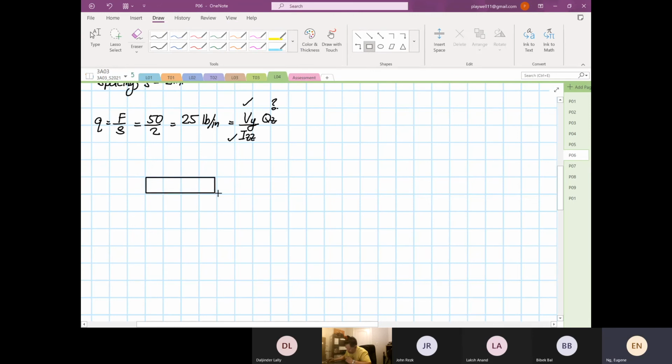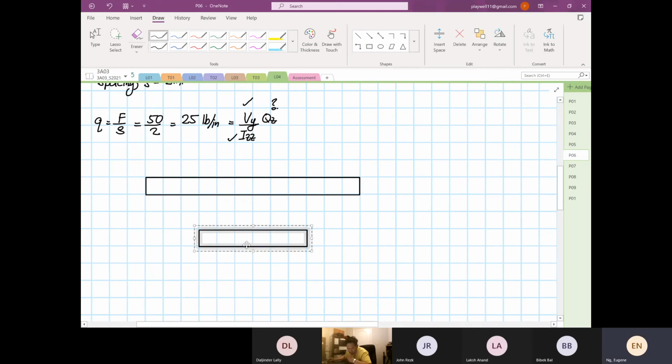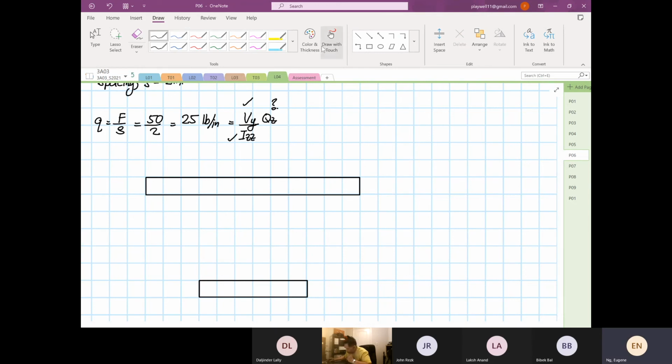So 2, 4, 6, 8, 10, 12. Okay, and then we go for 6. Then we have 6, 2, 4, 6. Okay, and then we have 5, 2, 4, 5. Okay, and then we have it fastened by 1 inch.